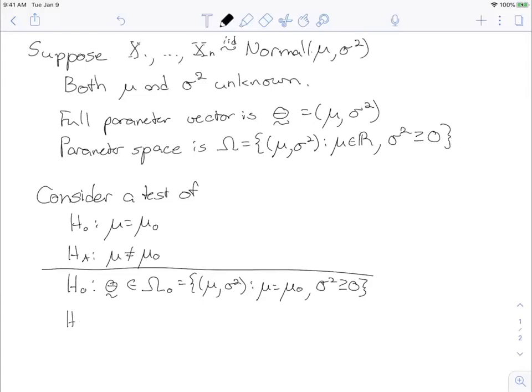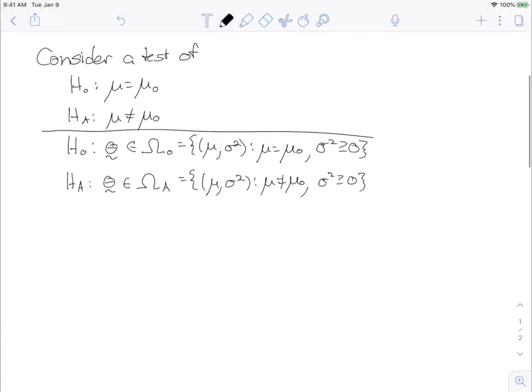And the alternative hypothesis is specifying an omega A for alternative. And this is the set of values for mu and sigma squared such that mu is not equal to mu0 and sigma squared is bigger than or equal to 0.